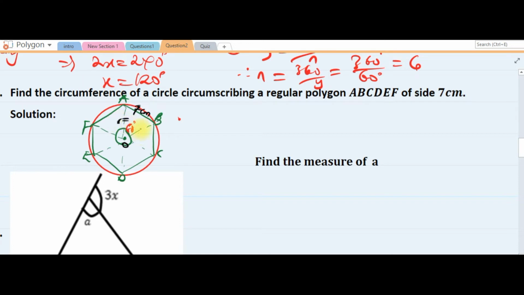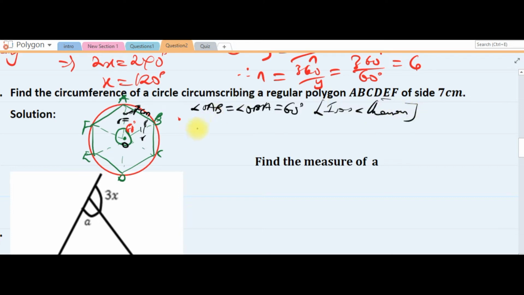This is the radius. This is also the radius. So the base angles are the same. So each of them should be 60 each for us to make it a triangle. So I'm saying that angle OAB equals angle OBA must be 60 degrees. Isosceles triangle theorem.